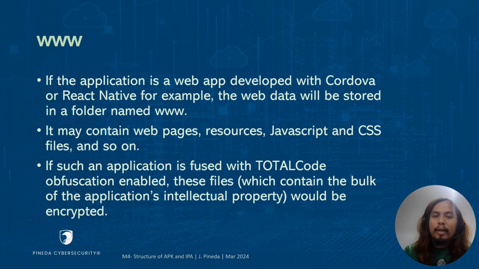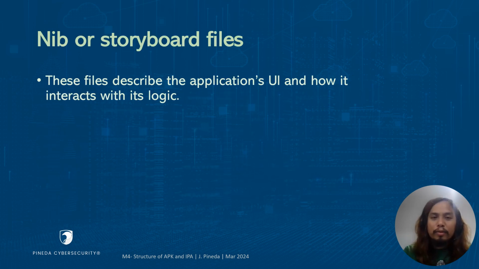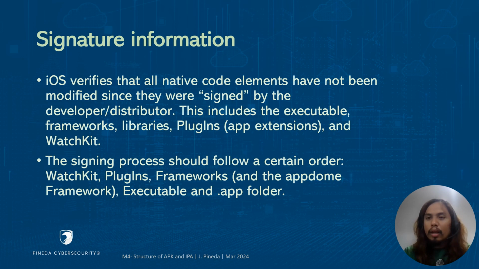And then the next would be nib or storyboard files. These files describe the application's UI and how it interacts with its logic. So you will see a lot of nib files when you extract the IPA. And then next would be signature information.